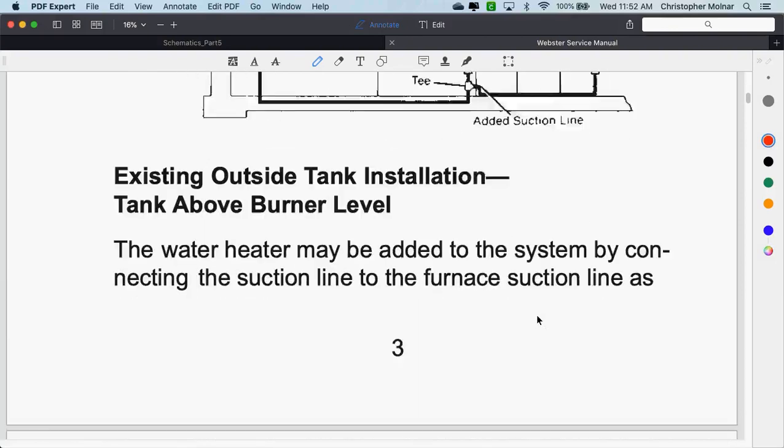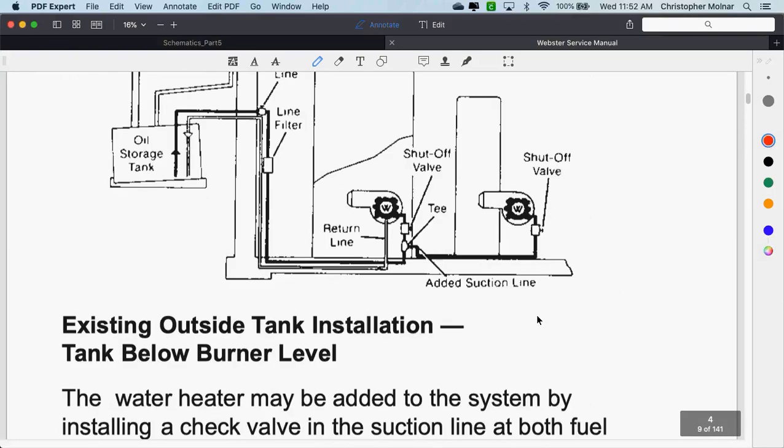In other words, it shows you how to tee it off and all the different configurations you might run into. Personally, I think this manual is extremely important because people do not pipe things properly. It doesn't matter what kind of pump you have, this is versatile to all.